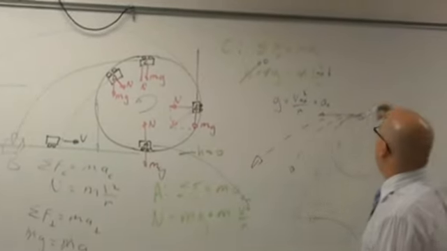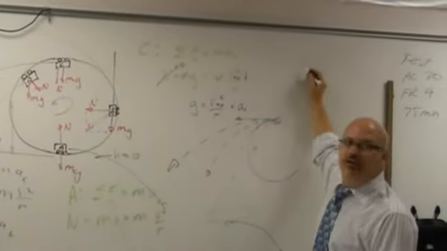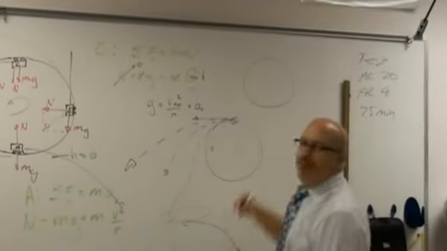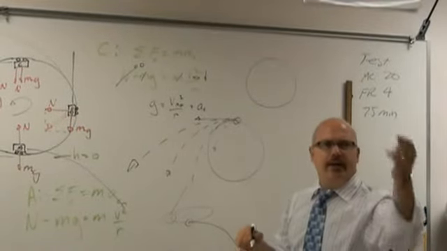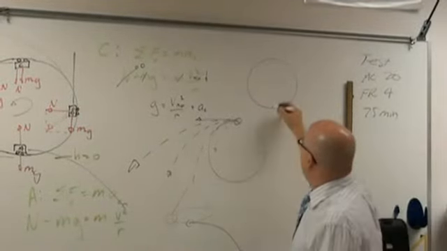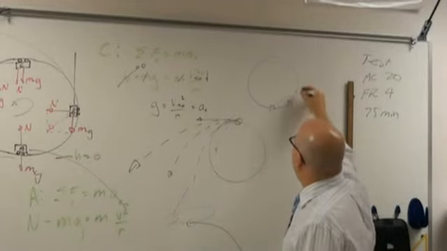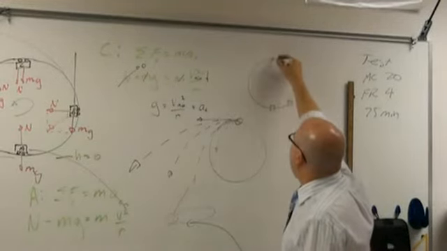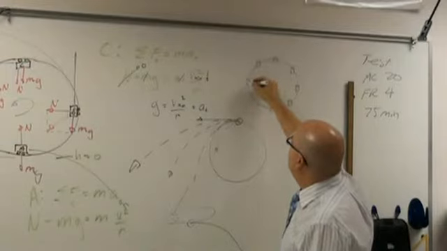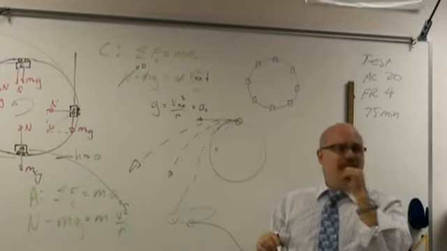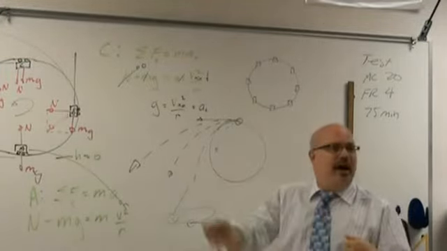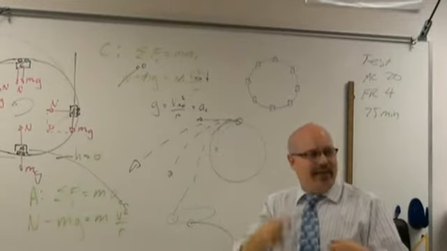Okay, there's another type of ride where it's like a Ferris wheel. If you have a Ferris wheel type ride, like the one at the State Fair, all of these cars are physically attached. And in this case, they don't speed up or slow down once it's operating, right? They're all going the same velocity.